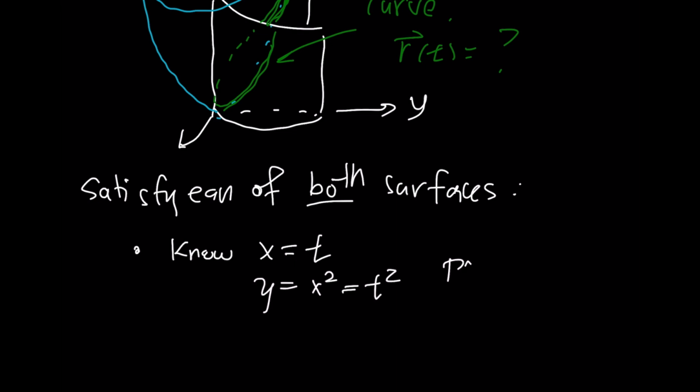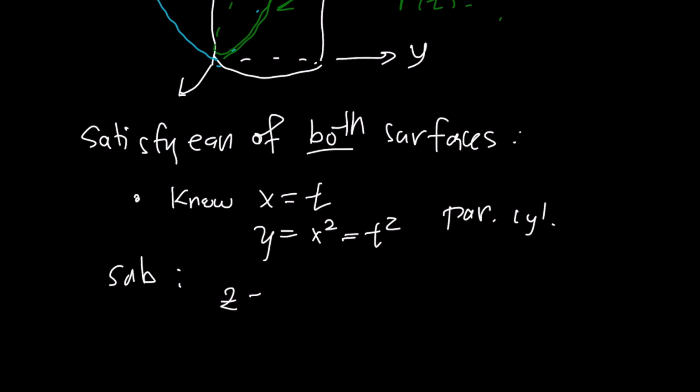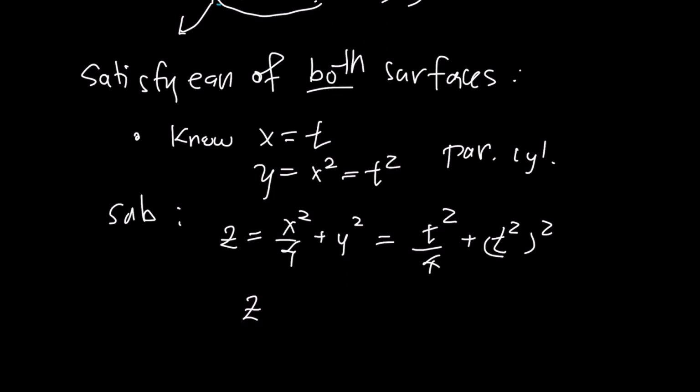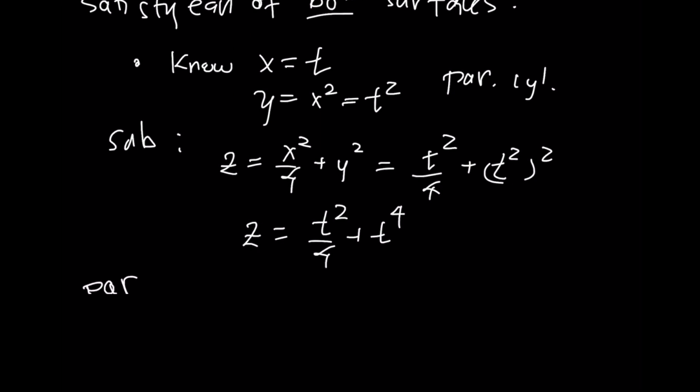And then we're going to sub this into the other equation. That means z has to be x squared over 4 plus y squared, which is going to be t squared over 4 plus t squared squared, which means z is t squared over 4 plus t to the power of 4. And that means then a parametrization for the curve of intersection is t, t squared, t squared over 4 plus t to the 4.